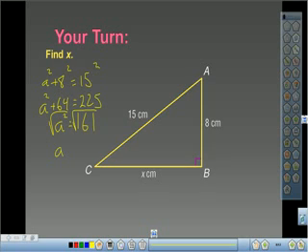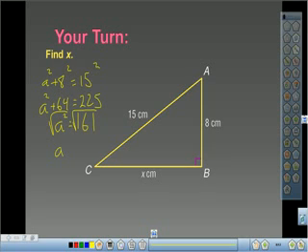Use the Pythagorean theorem and the converse. Alright, Pythagorean theorem: in a right triangle, the square of the length of the hypotenuse is equal to the sum of the squares of the legs. So through all this, we need to talk about a couple things. First thing, hypotenuse.